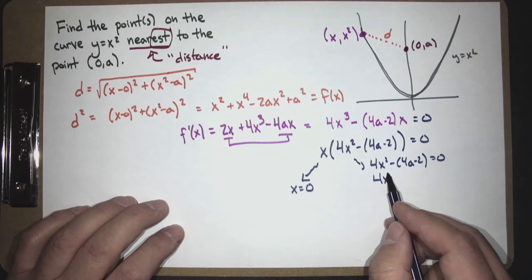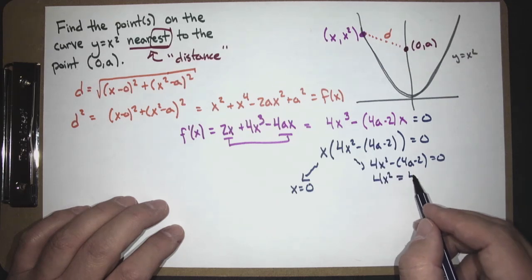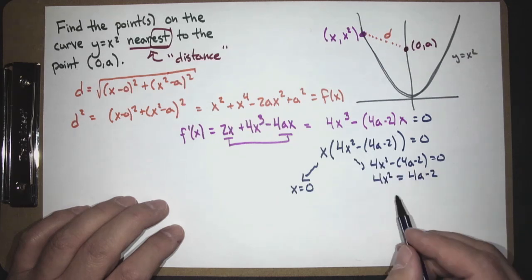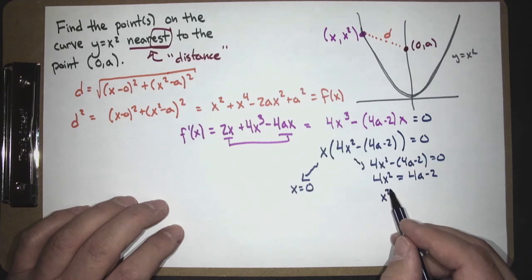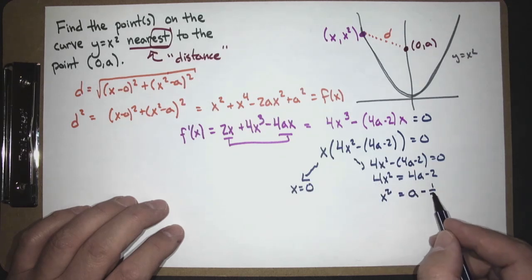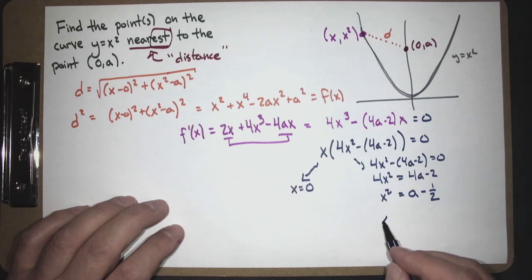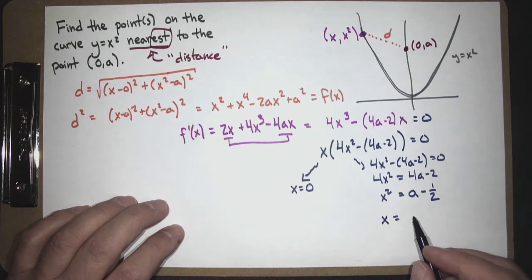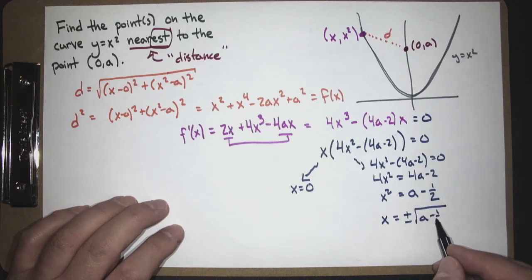Well, move the 4a minus 2 to the other side. 4x squared equals 4a minus 2. Divide both sides by 4, x squared would be a minus 1/2. What would x be? Plus or minus the square root of a minus 1/2.